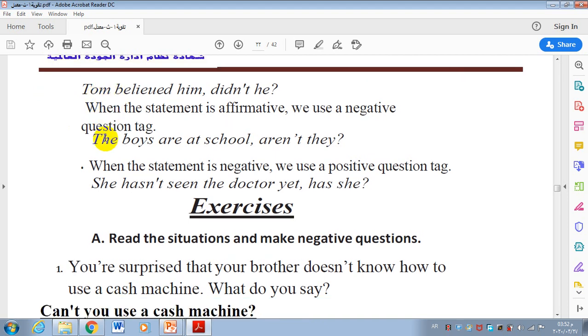We can say when the statement is affirmative, like I told you before, we use a negative question tag. Like this example, the boys are at school.